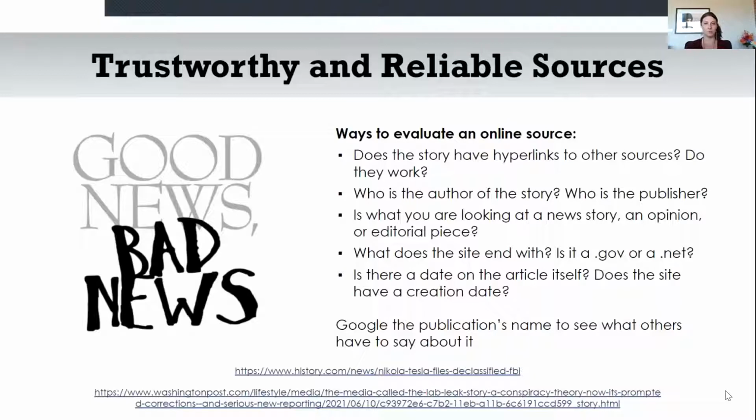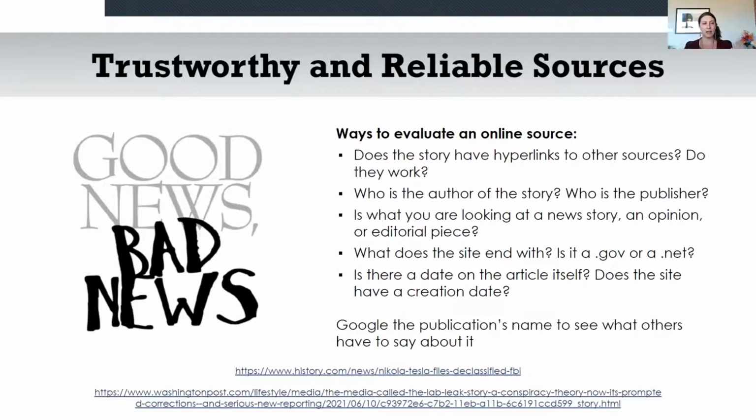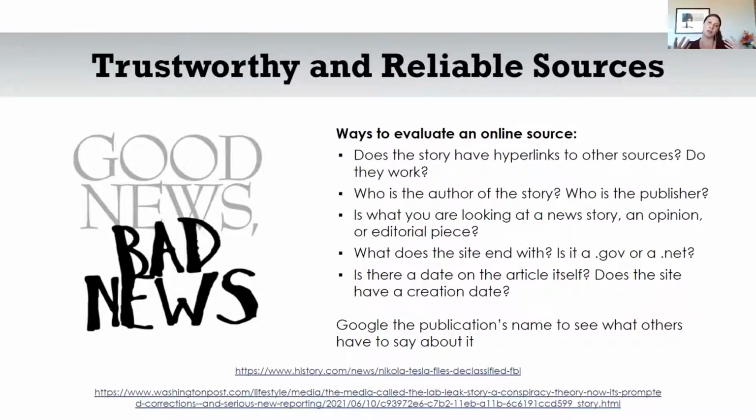trustworthy and reliable sources. As the Nerd Squirrel said, there are different ways that you can evaluate your online source. And something that it didn't mention, but as you're going through and reading the article, whether it's a news story or a blog that you found, is to check whether it has hyperlinks to other sources.